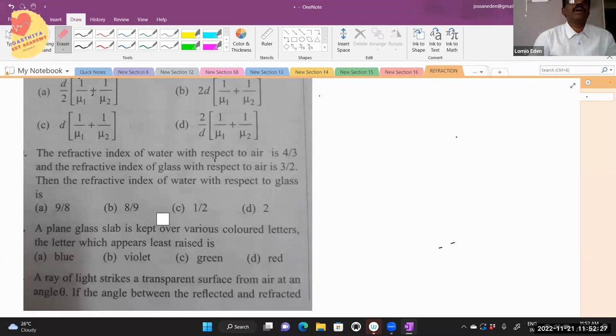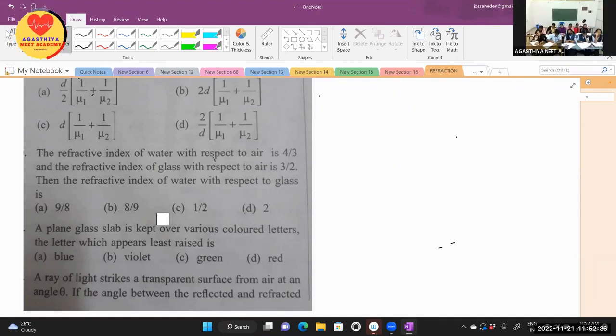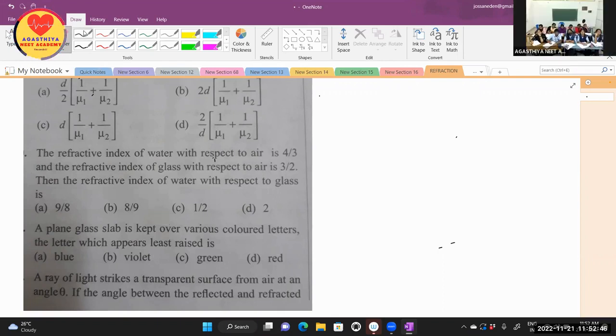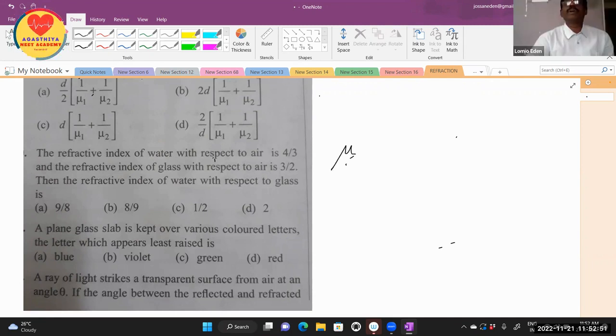See the second problem. The refractive index of water with respect to air is 4 by 3. The refractive index of the glass with respect to air is 3 by 2. What is the refractive index of water with respect to glass? See, it can be written as refractive index mu.